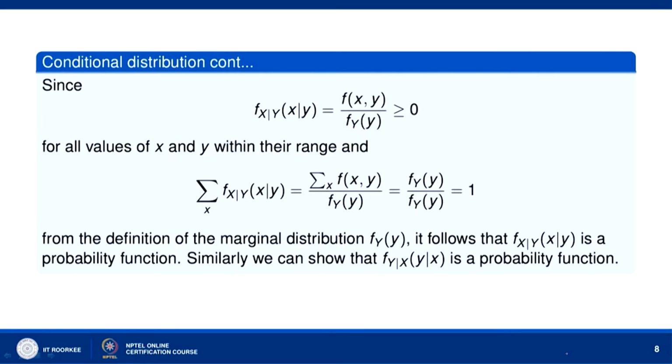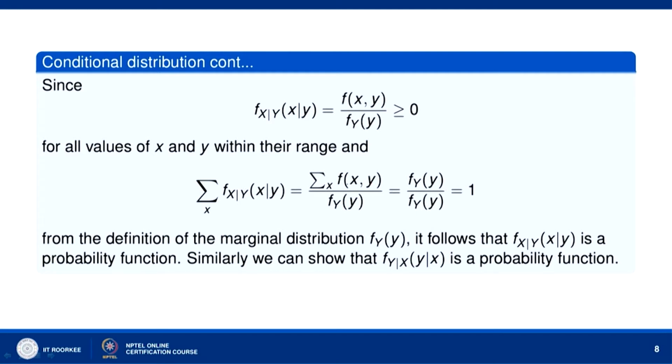Now, since f_{X|Y}(x|y) = f(x, y) / f_Y(y), f(x, y) is greater than or equal to 0, and f_Y(y) is also greater than or equal to 0. This is the density function, this is the marginal density. So, they are both non-negative, and therefore their quotient is non-negative. This is valid for all x, y in their range, and the sum over x of f_{X|Y}(x|y) is equal to the sum over x of f(x, y) divided by f_Y(y).